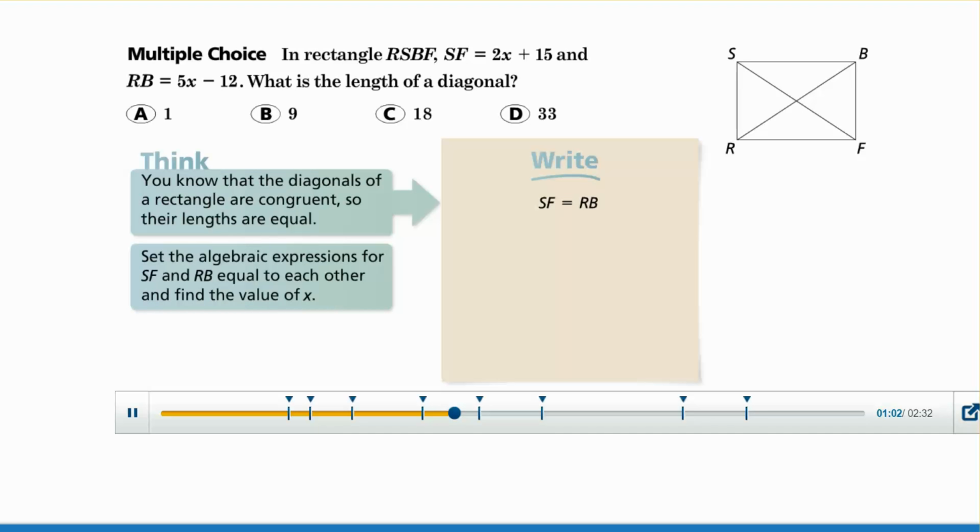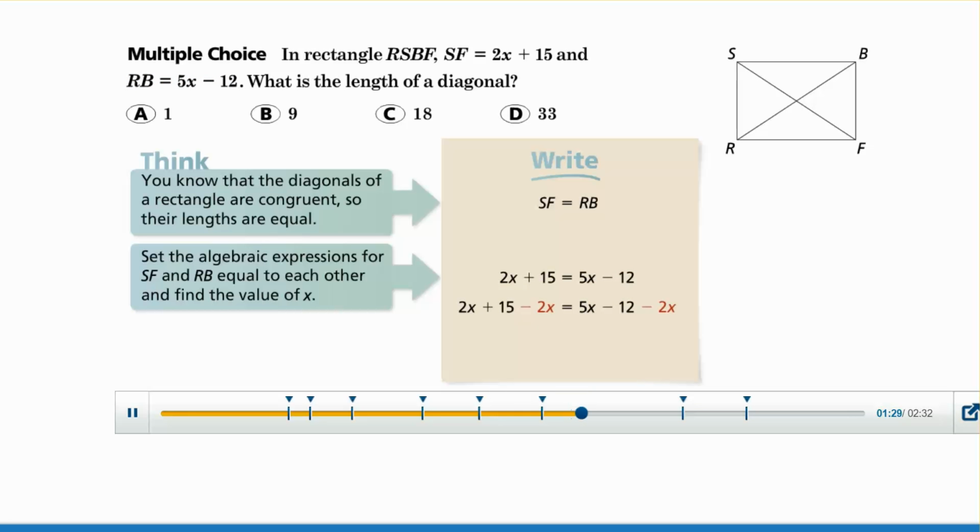Set the algebraic expressions for the lengths of segments SF and RB equal to each other, and find the value of x. Use the quantity 2 times x plus 15 for segment SF, and use the quantity 5 times x minus 12 for segment RB.